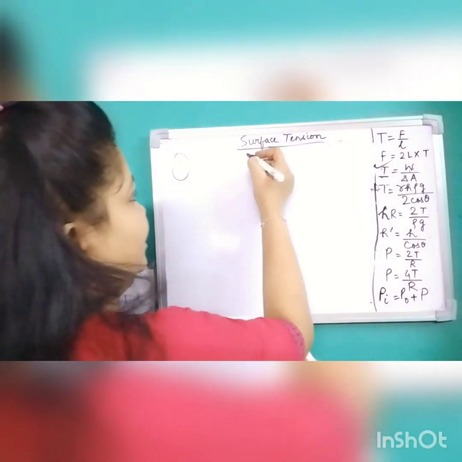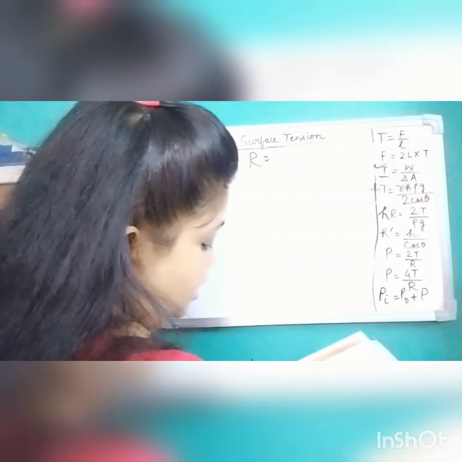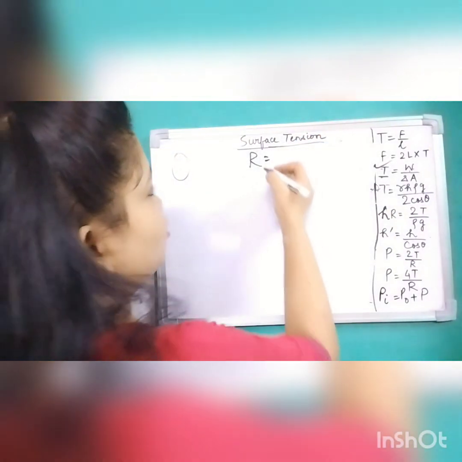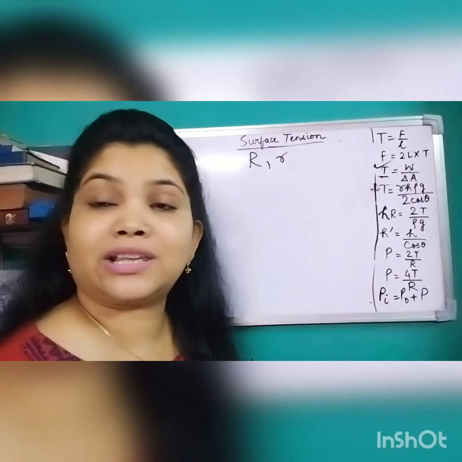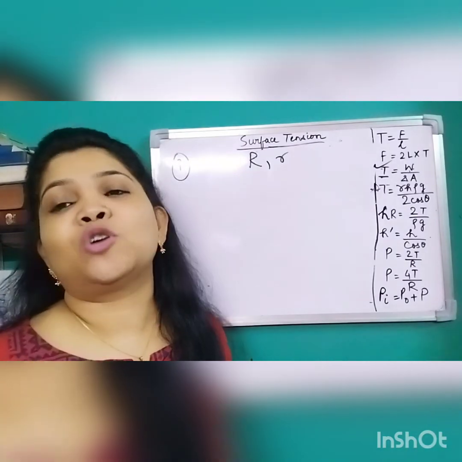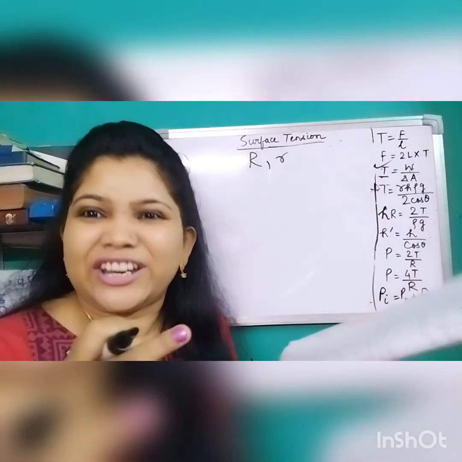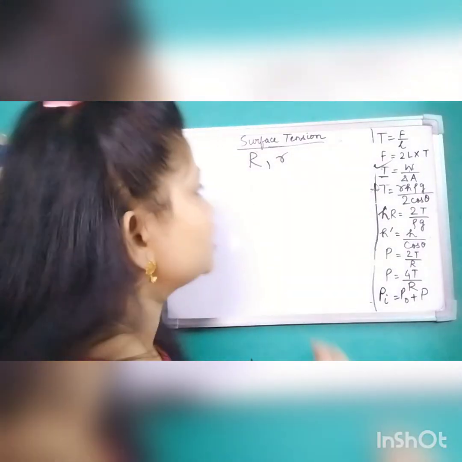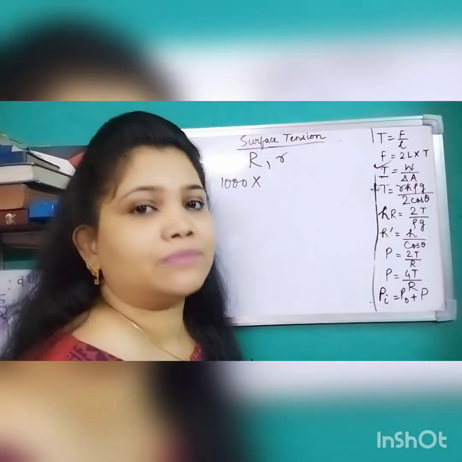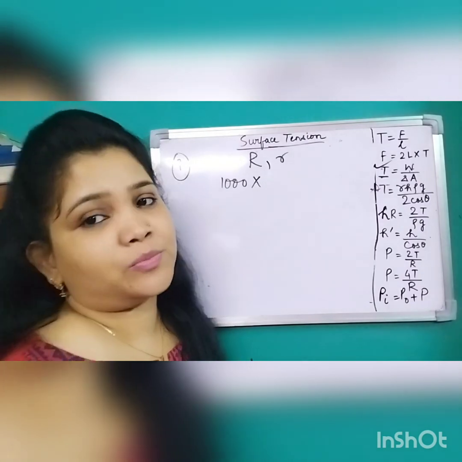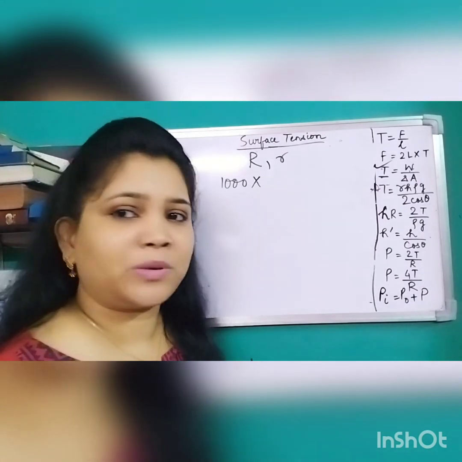So let capital R be the radius of the bigger drop and small r be the radius of the smaller drops. What they are telling is that 1000 small drops join together to form the bigger drop. As we did in the 6th sum, the drops are spherical in shape, and the volume is 4 by 3 pi r cube.